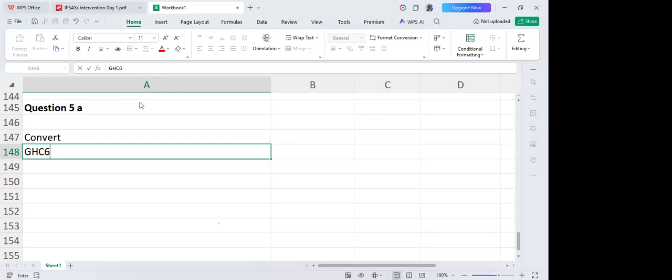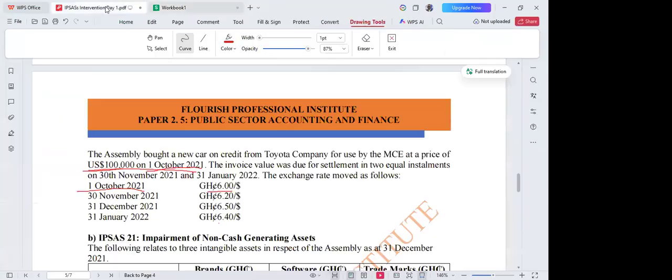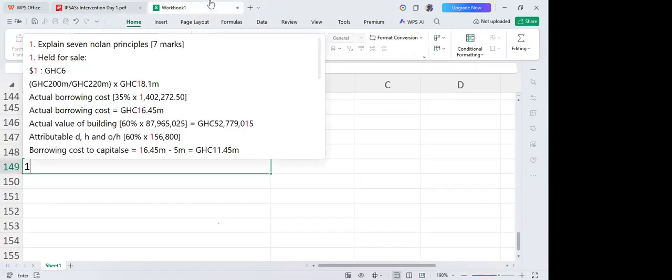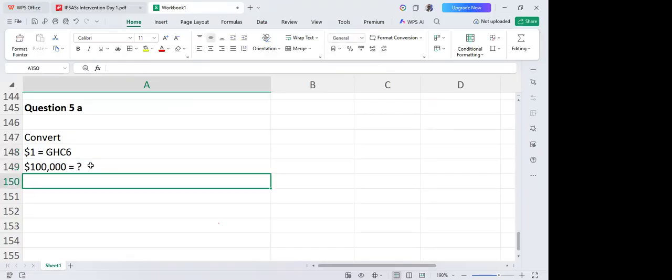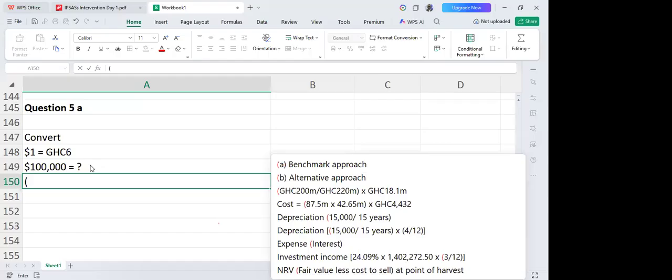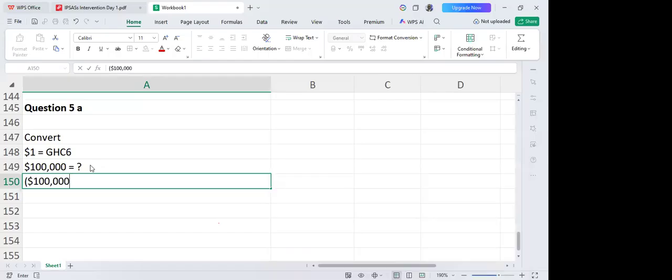Let me bring the dollar first. So $1 here is equivalent to 6 Ghana cedis. And then on the date we had $100. We convert this to Ghana cedis. How do we do the conversion? That will be $100 divided by $1 times 6.